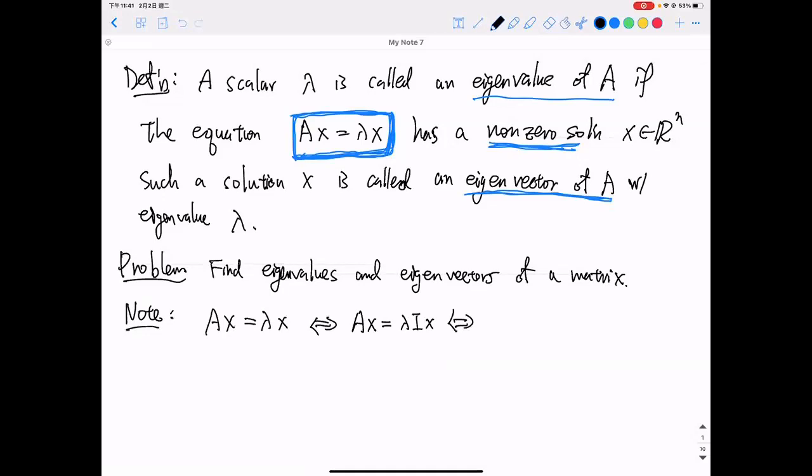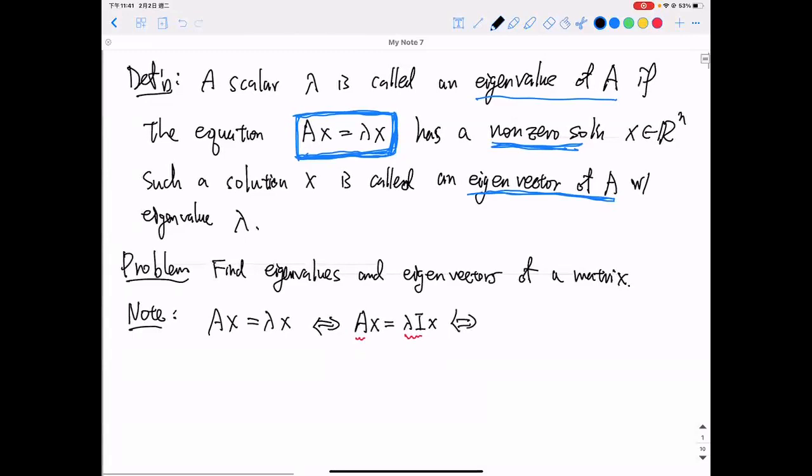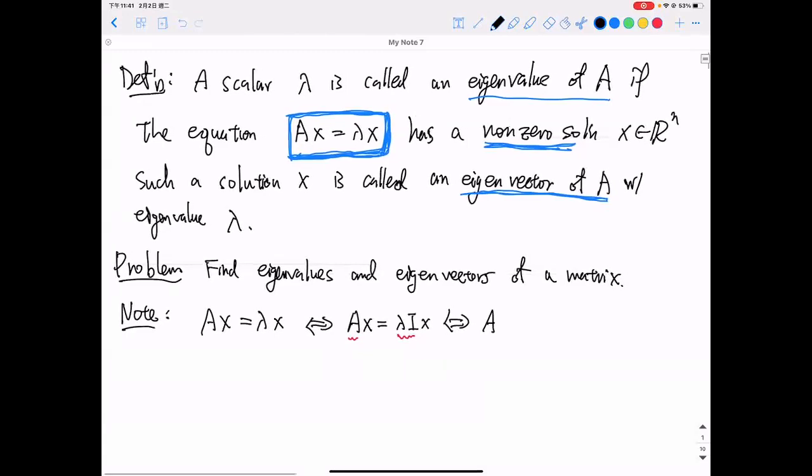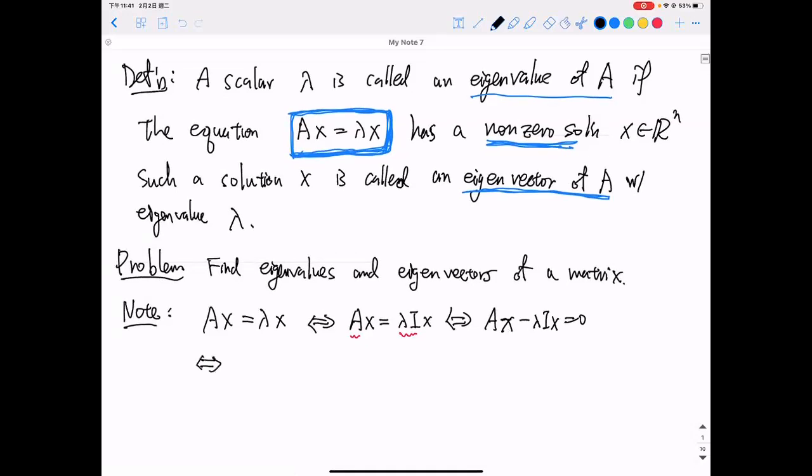Now writing it this way allows me to say that both sides are the multiplication of a matrix by a vector. So I can rewrite this as AX minus lambda IX equaling 0, and then factor out X, which lets me write this equation as A minus lambda I times X equaling 0.